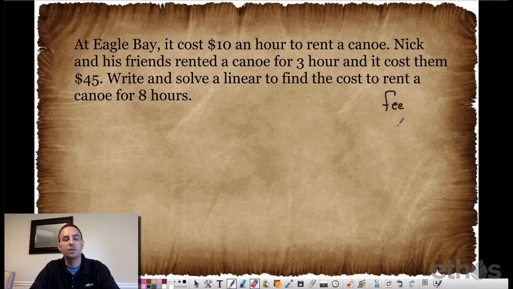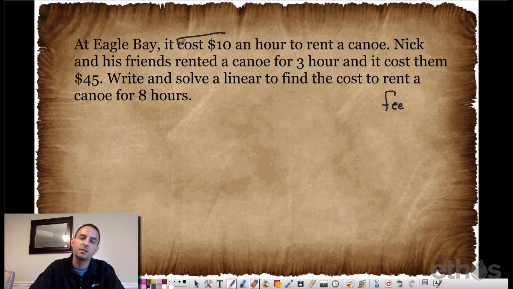That's one of the things you're really going to look at here, this idea of a fee. That fee is saying, okay, I need to know how much it costs me. Is there a security deposit, is there a rental fee, is there a return fee or a shipping fee that I have to pay no matter what I buy or how much I use? So this is where point slope comes into play, okay?